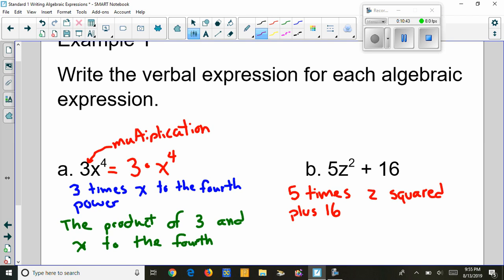I'll go ahead and write out the other example I said. 5 times z to the second power plus 16. So that's the first type of problem we could see.